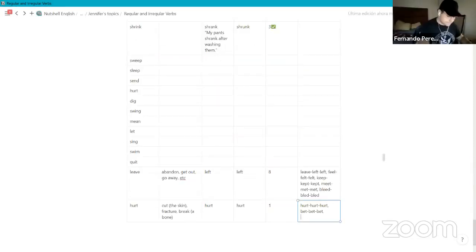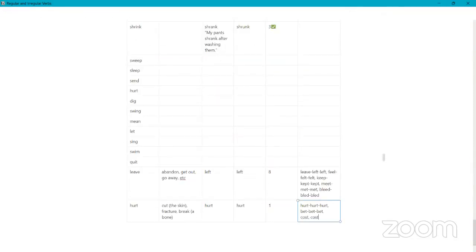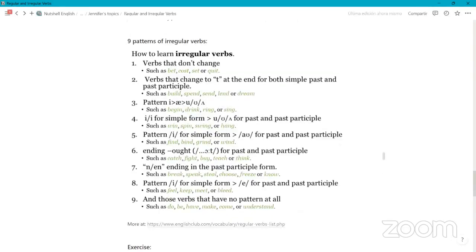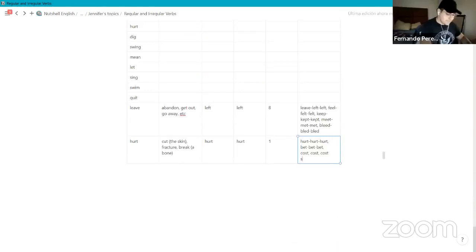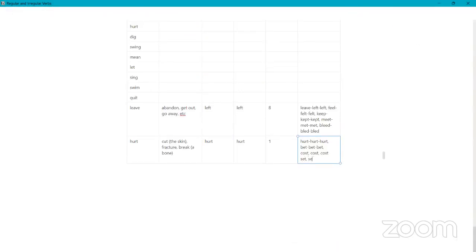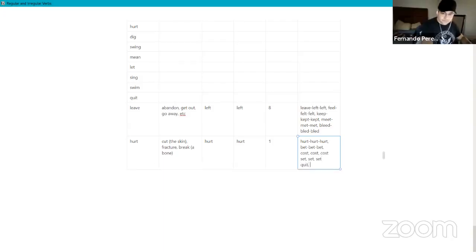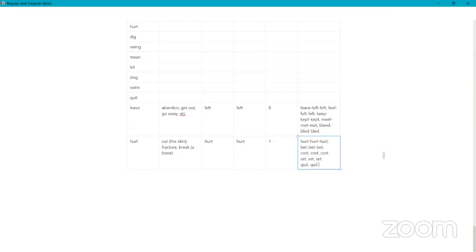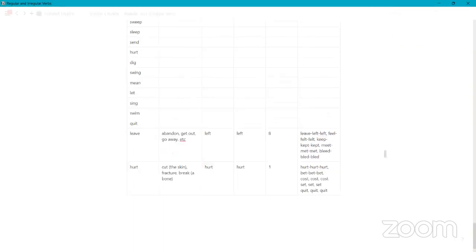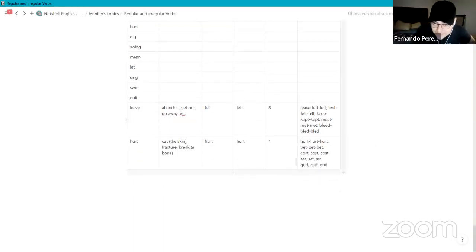Cost. Cost. Quit. Set. Set, and quit. Quit. This is the drill. That's the secret. This is the best drill to remember verbs in past participle.